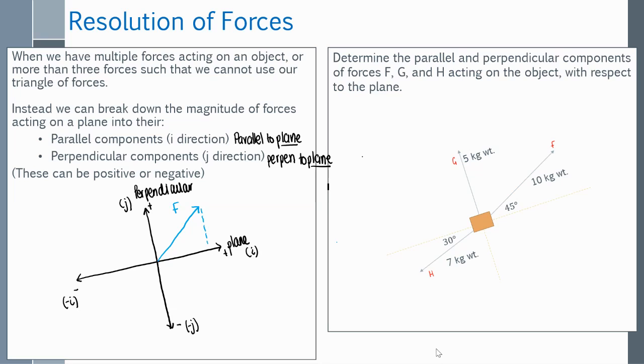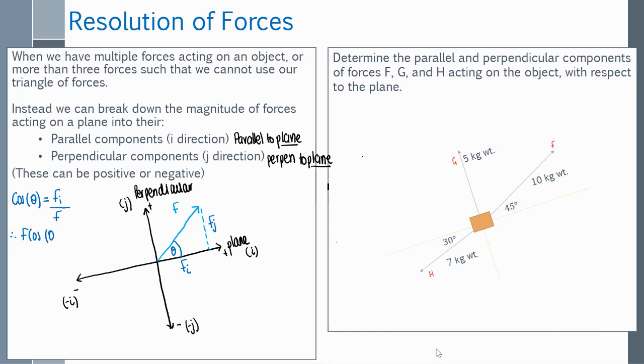If we have a force F, we can break it down into its Fi component, the component of F in the i direction parallel to the plane, and the Fj component, which is perpendicular to the plane. We can then form expressions for Fi and Fj. Notice that cos theta is Fi over our force F, and this gives us a way of finding Fi.